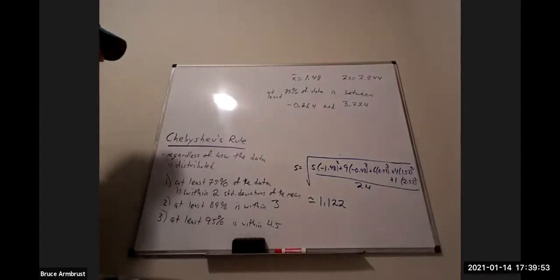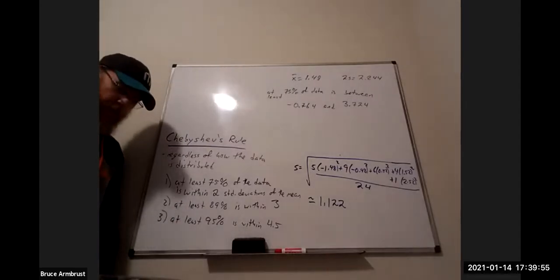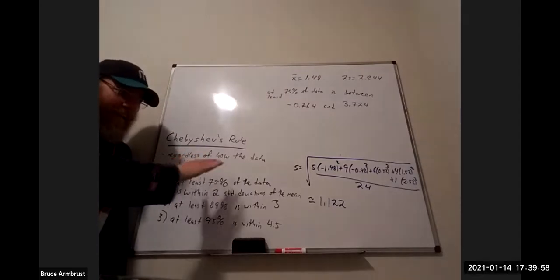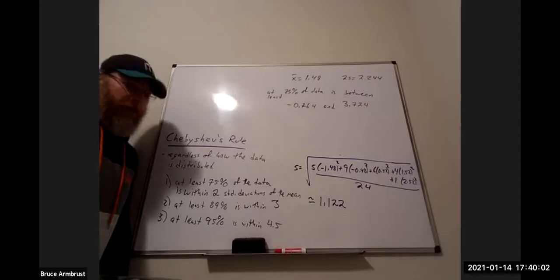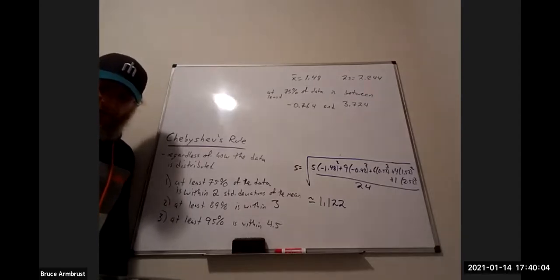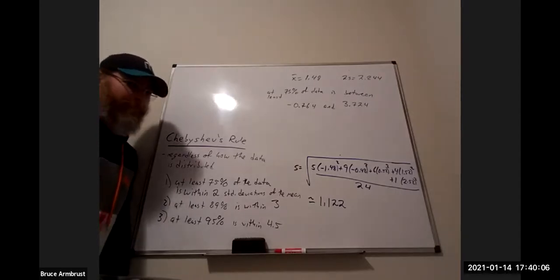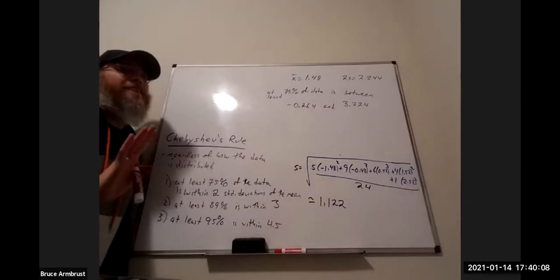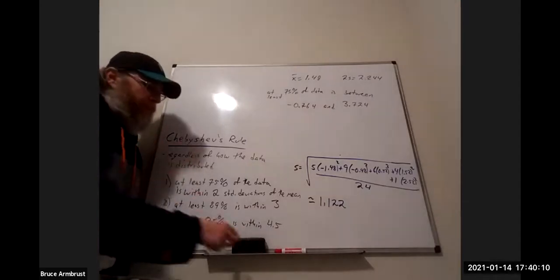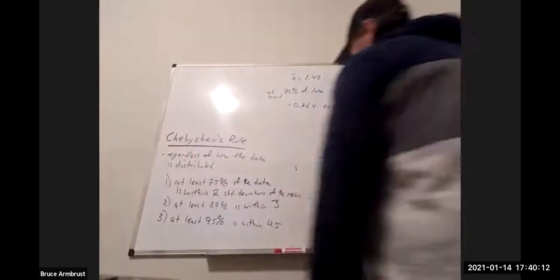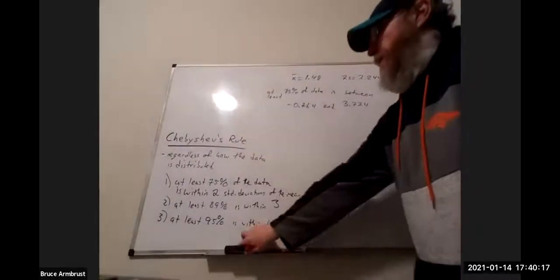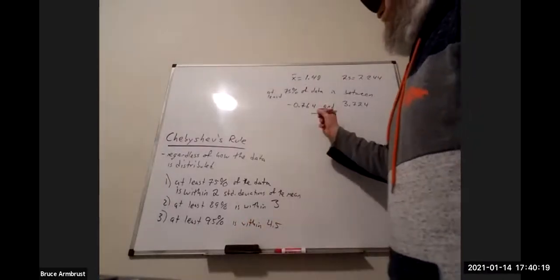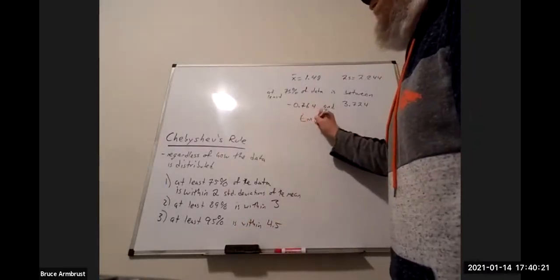Okay, well, this is Chebyshev's rule, which is true for any kind of data. But there's an even better rule for if our data is nice data. I'll say nice, good is the wrong word, but nice. Okay, so check this out. If your data, well, we call this the empirical rule.